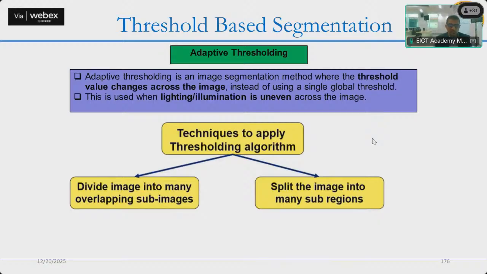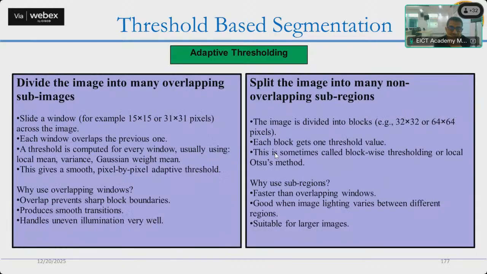Techniques to apply the thresholding algorithm. Here you divide the image into many overlapping sub-images. You split the image into many sub-regions. So how does it happen?